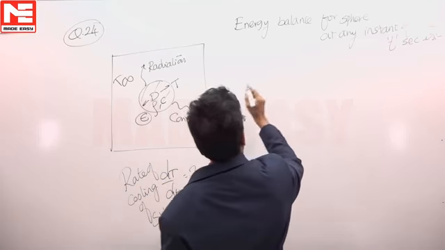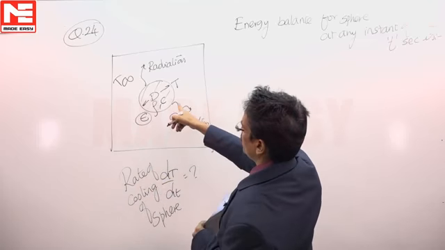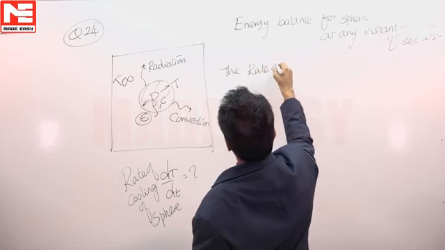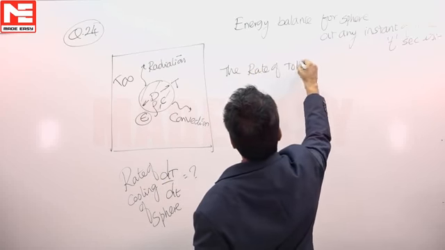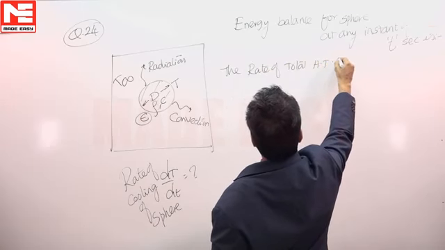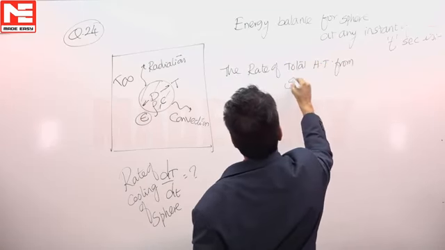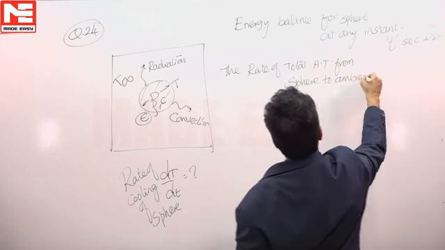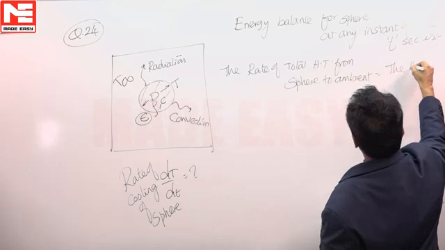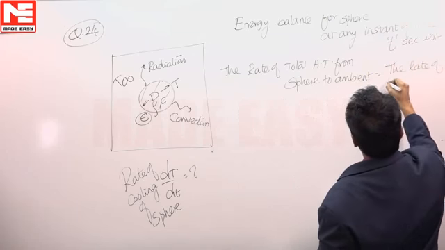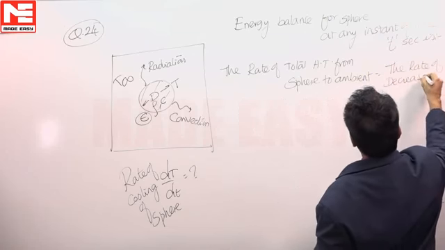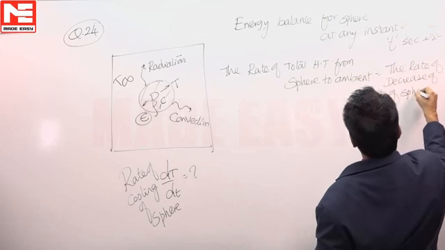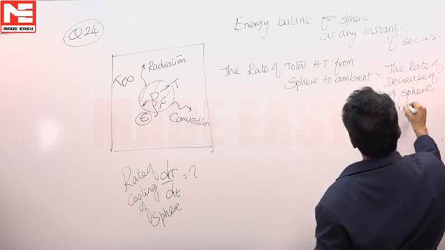The energy balance says that because it is losing heat by convection and radiation, the rate of total heat transfer from the sphere to the ambient is equal to the rate of decrease of internal energy of the sphere with respect to time.